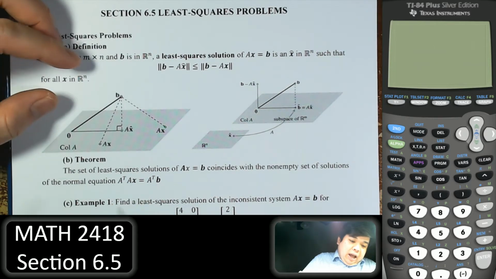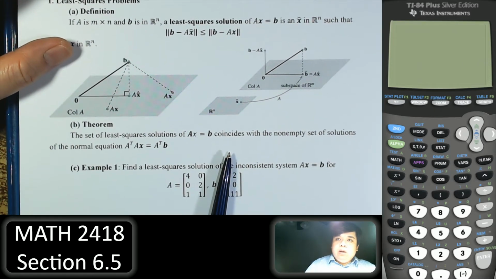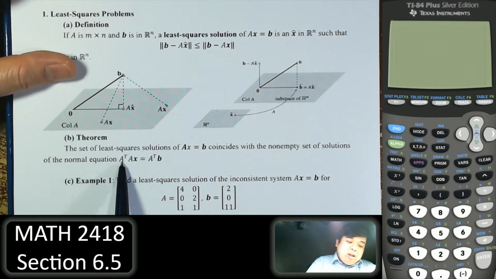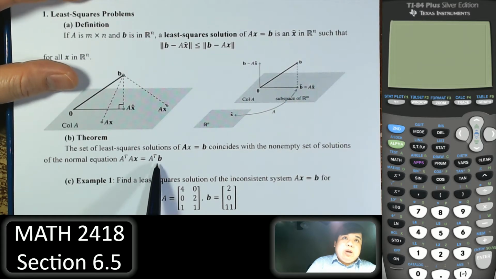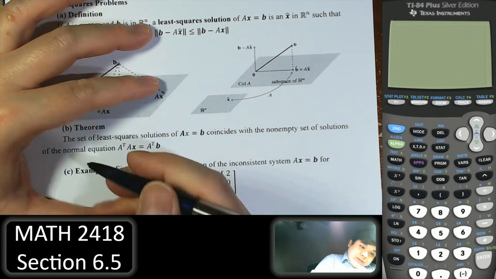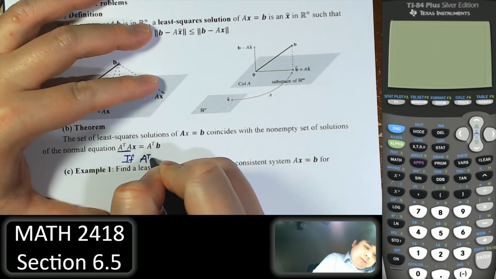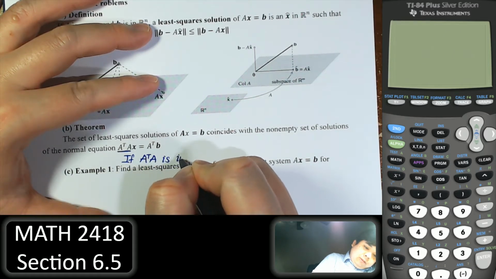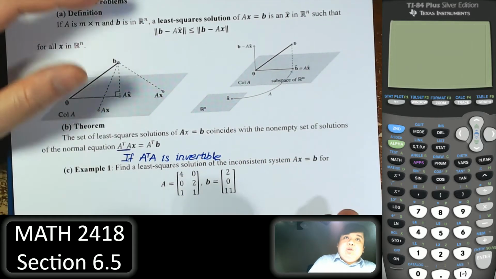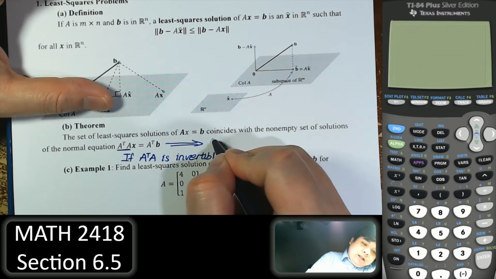And to solve that equation, it is equivalent to solving the normal equation of A transpose A x equal to A transpose B. If A transpose A is invertible, then multiply that inverse on both sides.